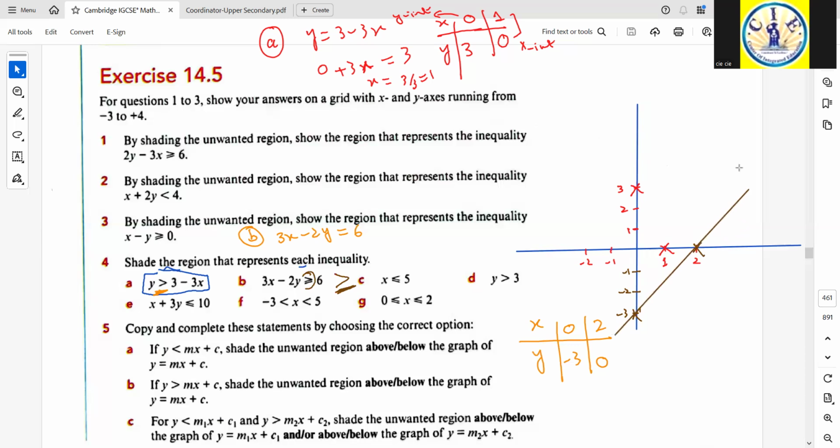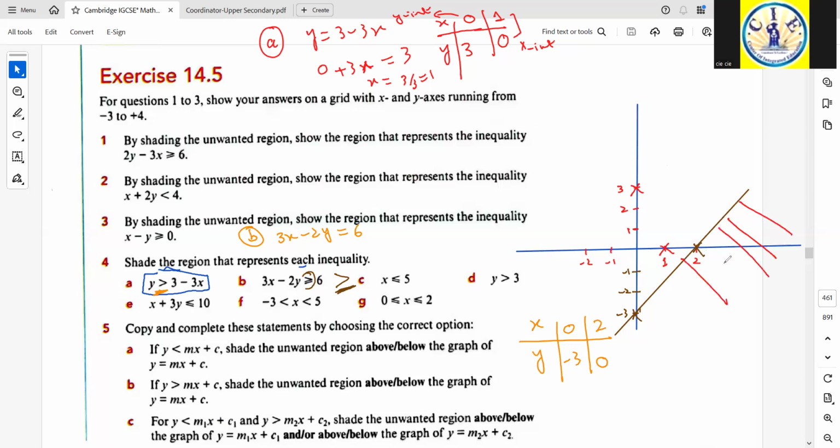And since I need to have the region greater than 6, the portion that represents greater than the given line is the one which is lying after that, means this one.